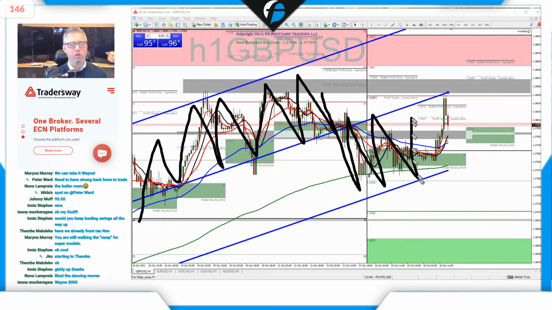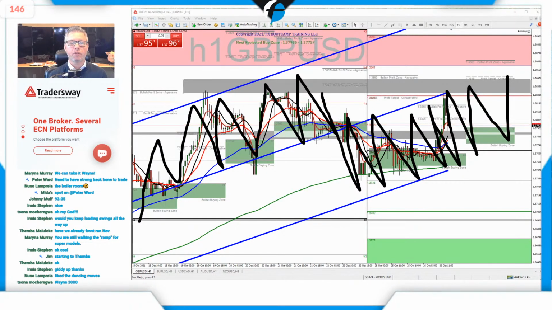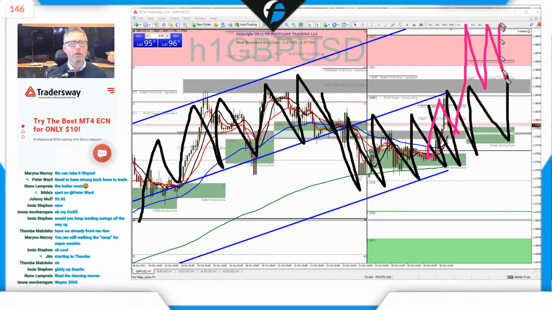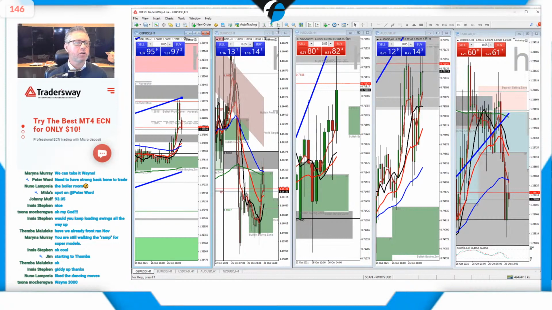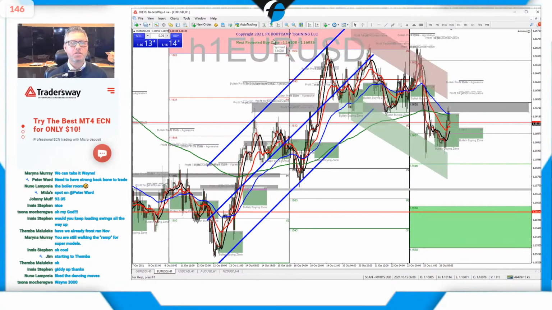Then there's a slowdown, but it's still bullish. And then if you buy it, it's because you think there's going to be a pullback where we are now. Then we're going to move to the upper quadrant again. Cool. Great. Now, you zip over to the euro, and it doesn't look the same at all, does it?